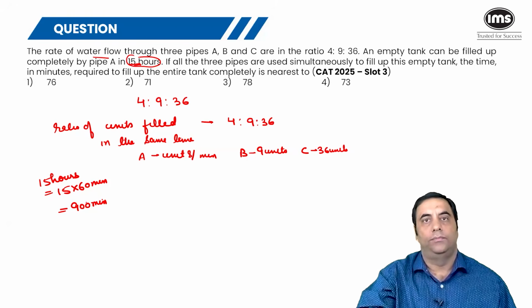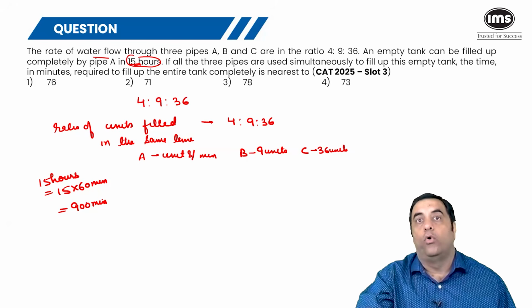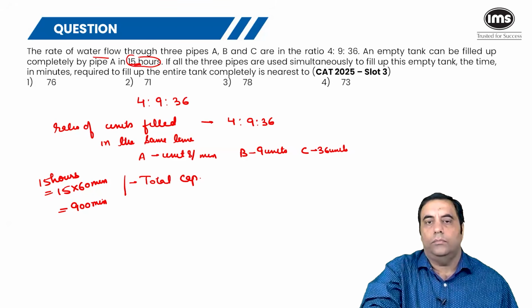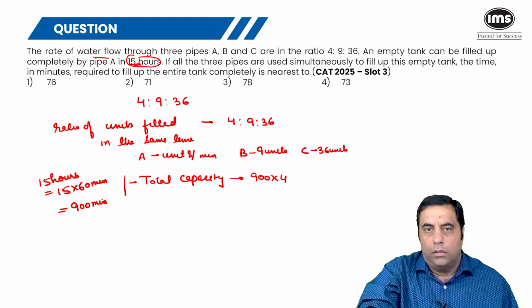So from here I got to know the time taken by A to completely fill the tank is 900 minutes. And since we have assumed that A fills 4 units per minute, I can calculate that the total capacity of the tank is equal to 900 as the time and 4 units per minute.